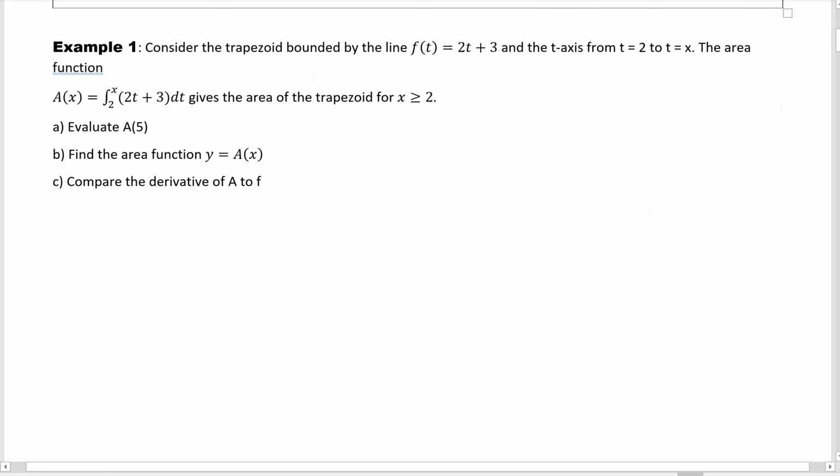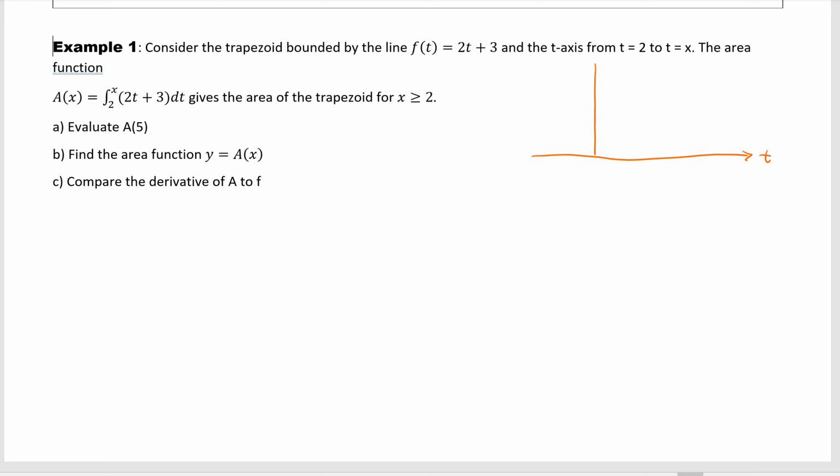Let's look at example 1. Consider the trapezoid bounded by the line f of t equals 2t plus 3 and the t-axis from t equals 2 to t equals x. So let's draw the picture. We have the t-axis and the y-axis.